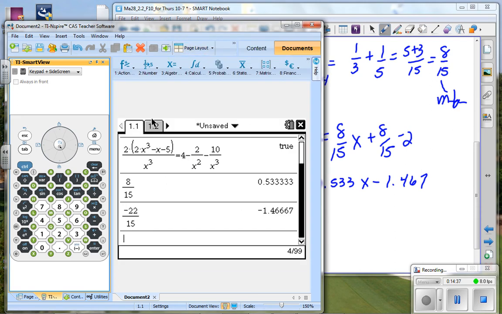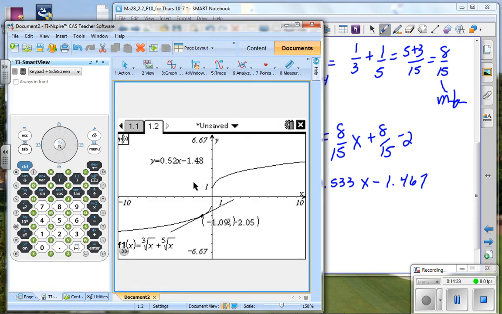And let's take a look at our calculator page. We're close enough. Remember, we had to kind of fudge it, and I don't have an answer for you on why we couldn't put a tangent, but we're close enough.